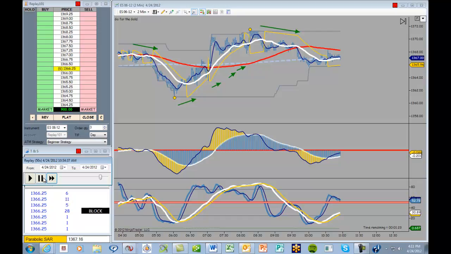Notice how the price is just kind of moving sideways along the long-term moving average here, but now it's finally starting to sell off.